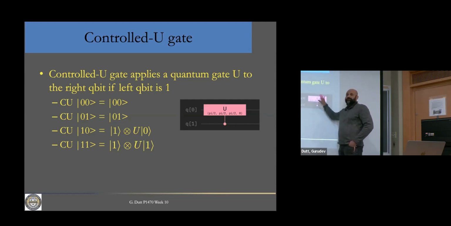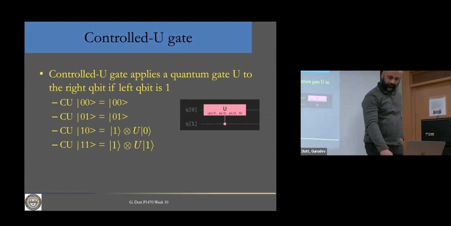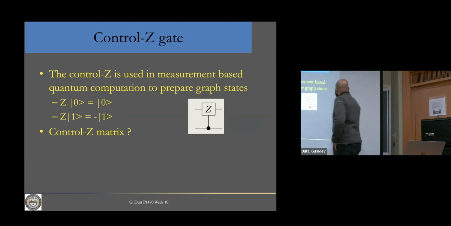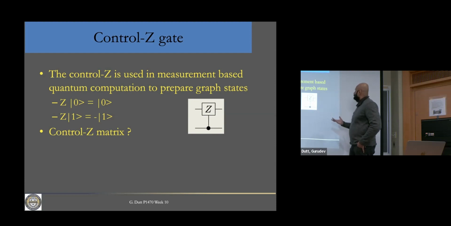So you can do that in the IBM Quantum Composer. They have an extra degree of freedom for amplitude or something. That allows you to take this left qubit, and if it is 1, operate that on the right qubit.